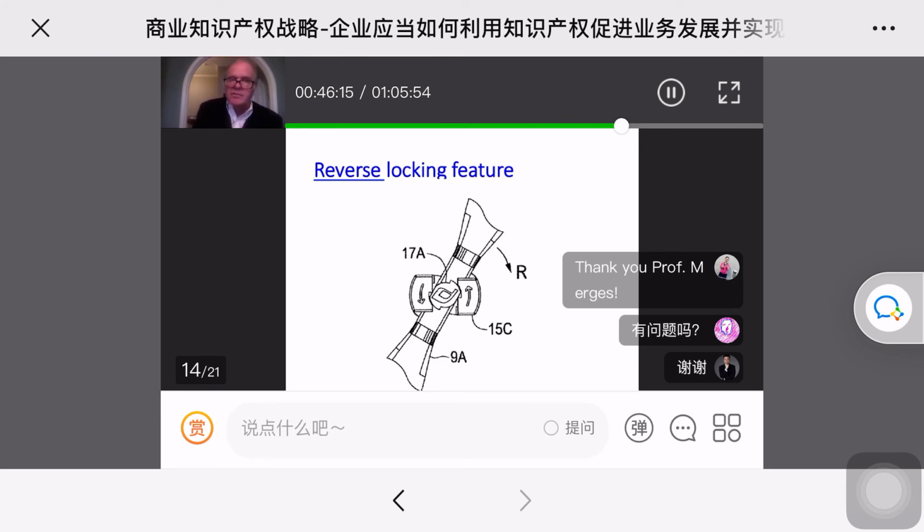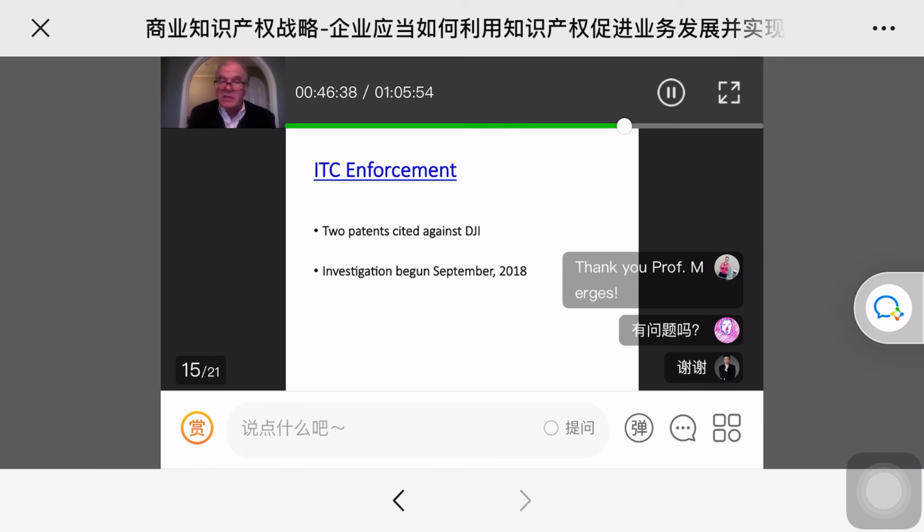This was the subject of an International Trade Commission enforcement, and Autel used these patents against DJI, and Autel was trying to threaten DJI because if they won this case, if this investigation or enforcement was successful, the result might be an exclusion order which kept out the DJI drones from being imported into the US.